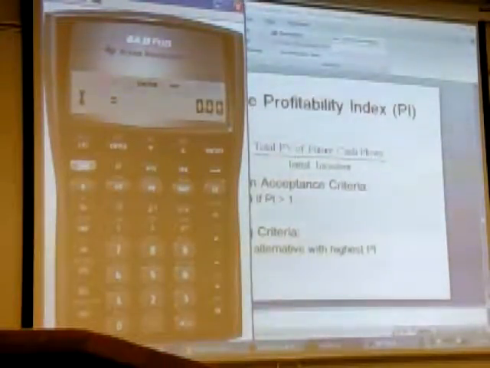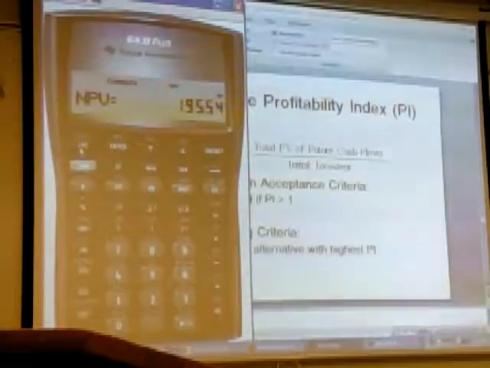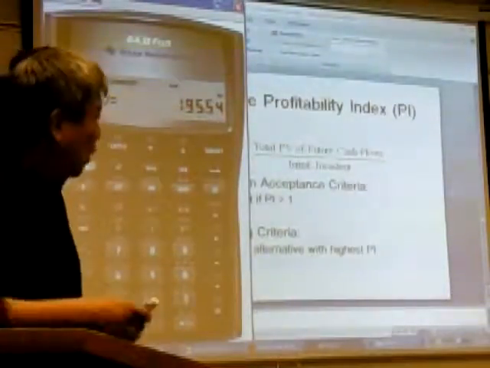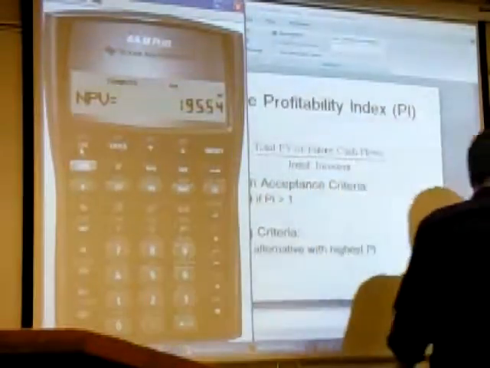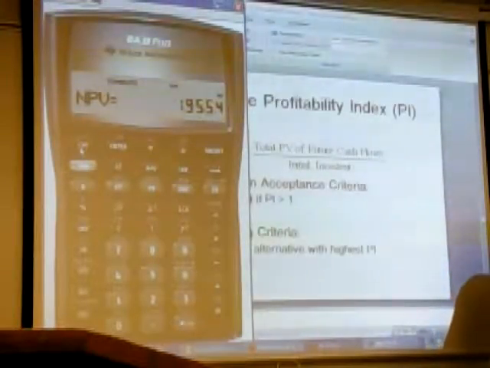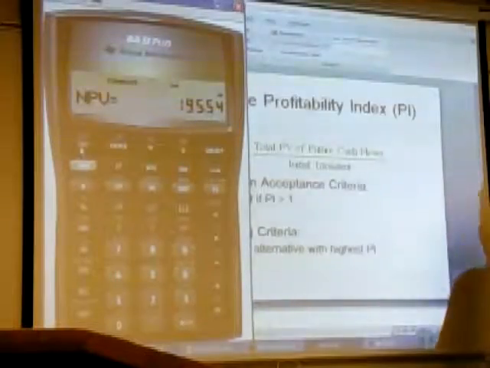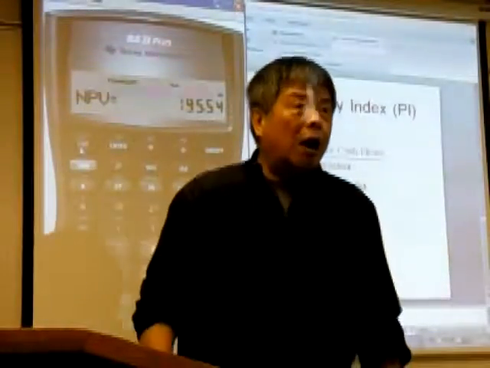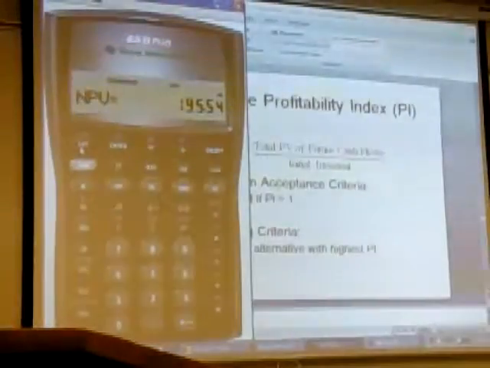So NPV, 8% is your interest rate, we move down and compute. Now the net present value, 195.54, is the present value of all cash inflows.